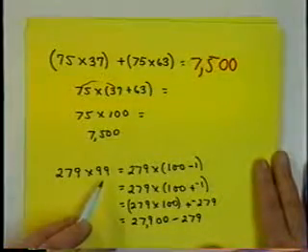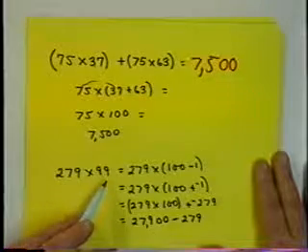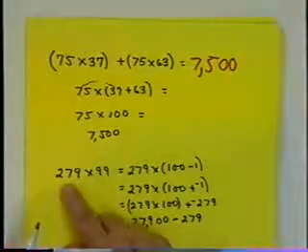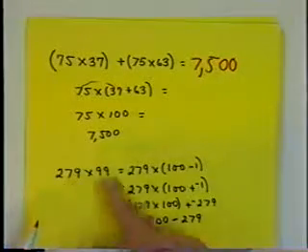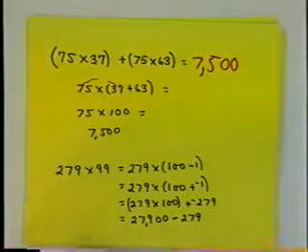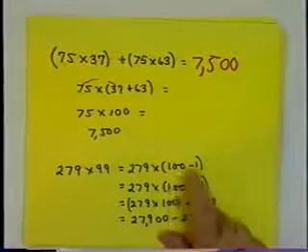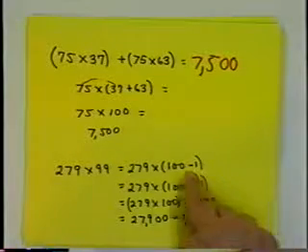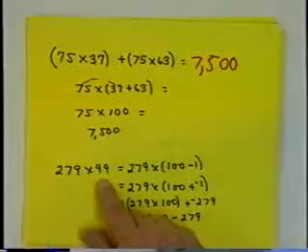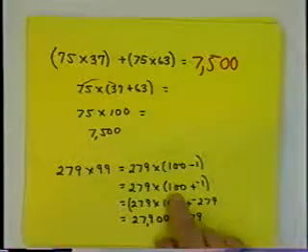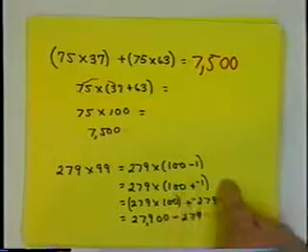Look at the fast way you can estimate 279 times 99. See, again, think of what? If you have 100 checks, each for $279, and you now lose one of those checks or cash them, how many do you have left? You have 100 checks, you use one of them, you have 99 left. So 279 times 99 is 279 times 100 minus 1. 100 minus 1 is the same as 100 plus negative 1.